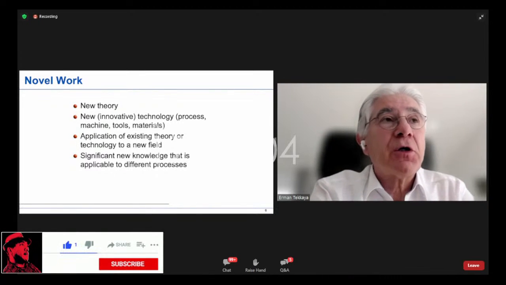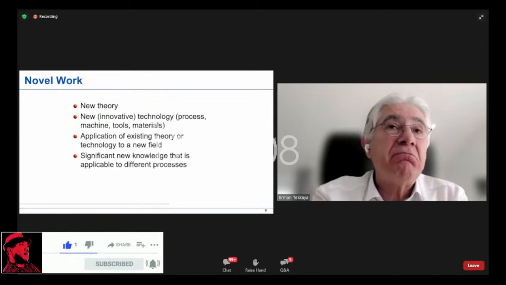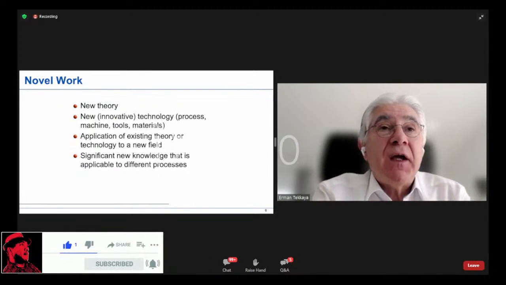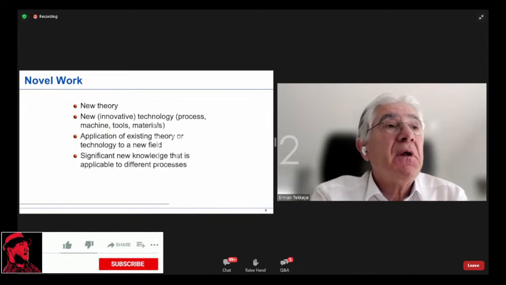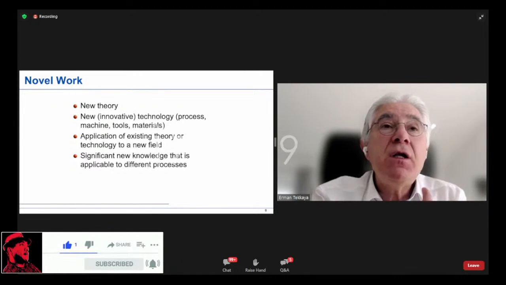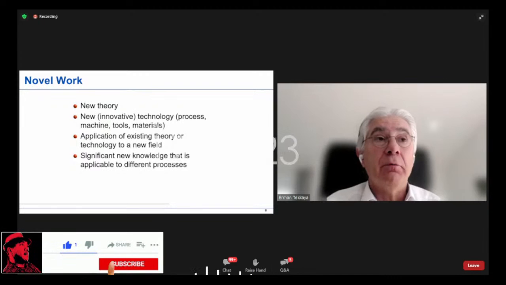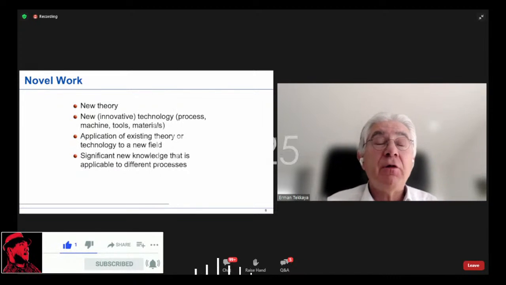So let us look a little bit deeper at novel work. What is novel work? Novel work could be a new theory. You can have a new theory which was not existing about a process and describe it. It can be a new technology, a new innovative technology, which includes a process or a machine or a tool or even materials.